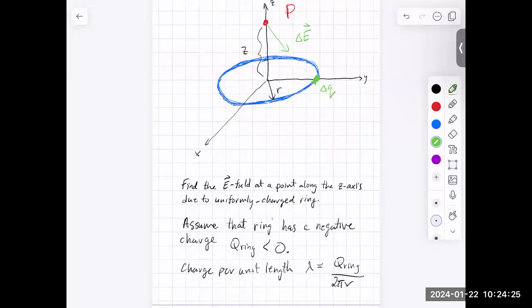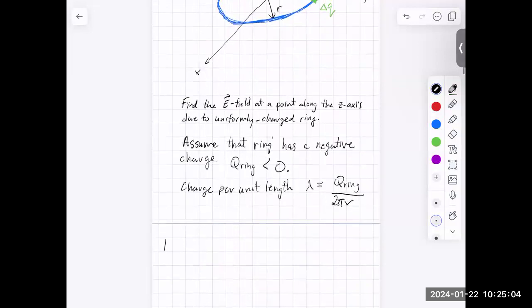So delta E is the contribution of the electric field due to just that delta Q. Because our charge is negative, electric fields point towards the negative charges. We can label this angle as theta. But I could likewise pick a delta Q at some negative y value, and it's going to make an electric field that points towards it, and the horizontal components cancel, and we're left with just the vertical components.